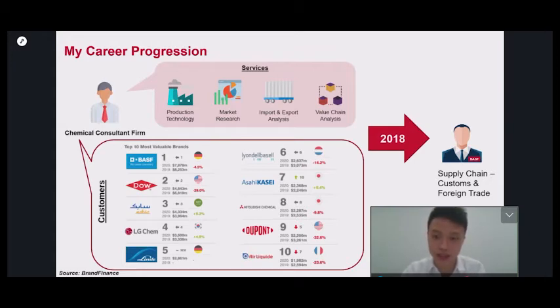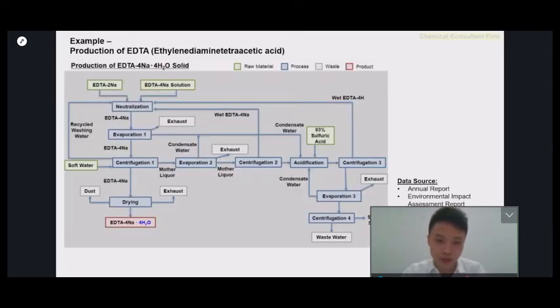Here you can see the production flow chart. It includes raw materials, process, waste, and product. That is 100% made by me. The sources of this information are the annual reports of the chemical companies, EIA, Environmental Impact Assessment reports, and also patents.